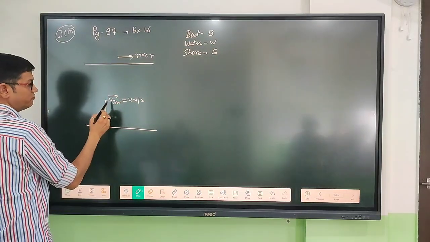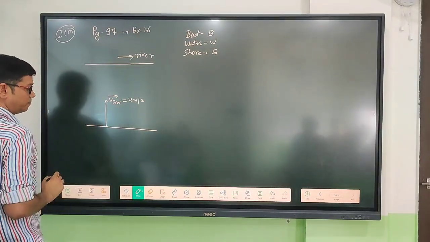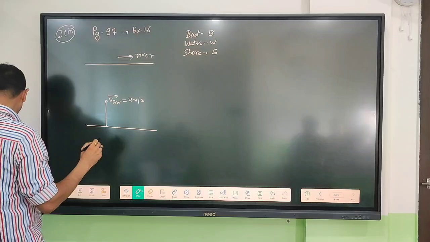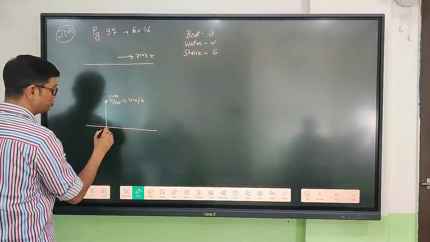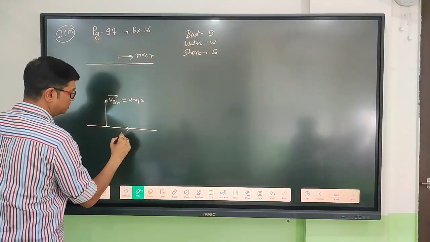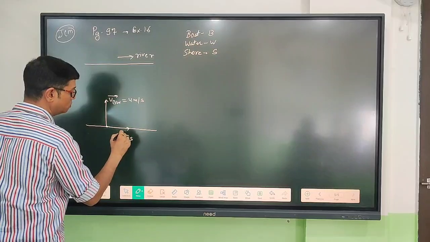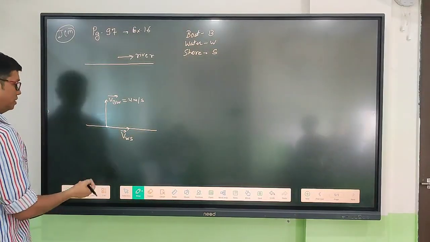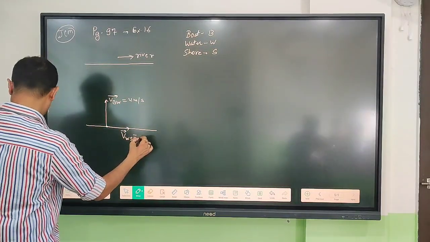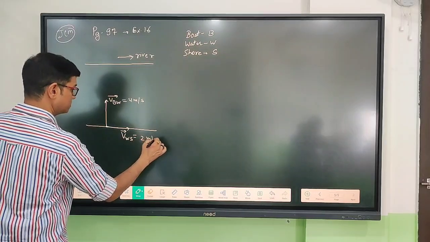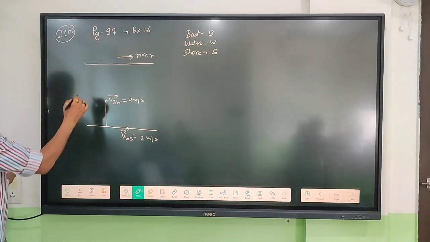Okay? So this is velocity of boat with respect to water, and the river is going like 2 meter per second with respect to shore. This is V water with respect to shore. This is the shore. This is given as 2 meter per second, right? And this is 1800 meter wide.